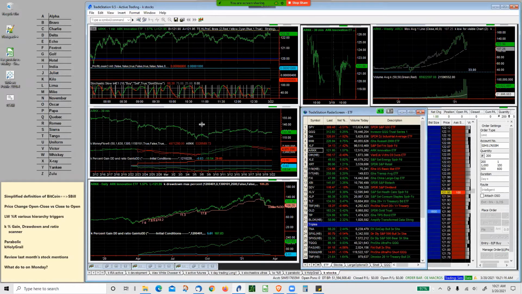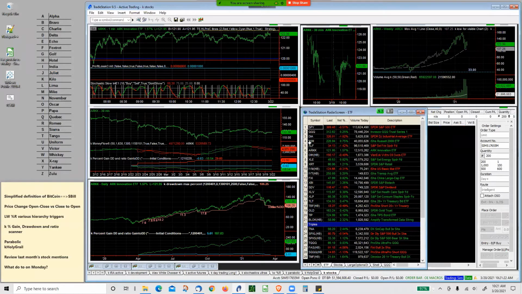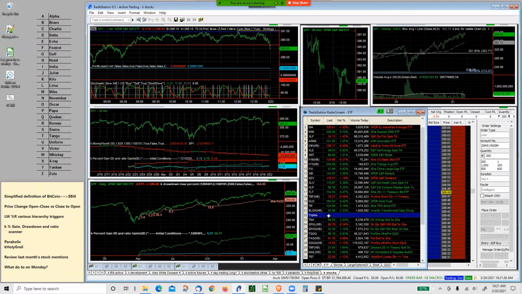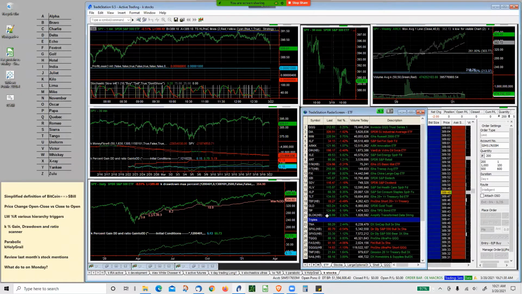So let me put it up here with SPY, for example. SPY is not a good one because the money flow is flowing out of it, and I'm expecting SPY to start tanking here, so I'm not going to use that right away. Actually, for the long haul, it's not too bad.